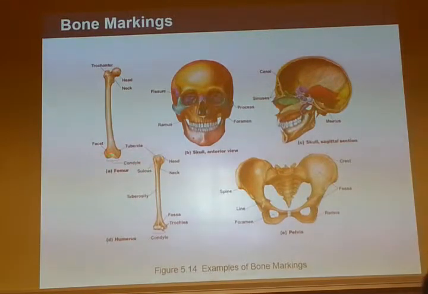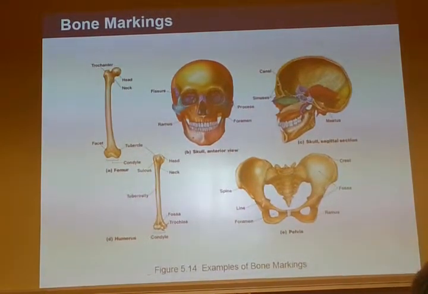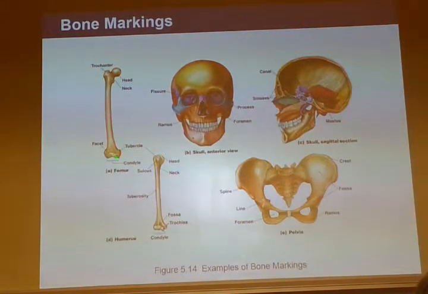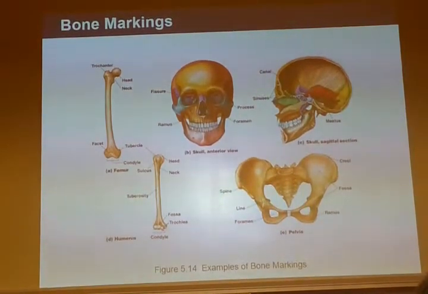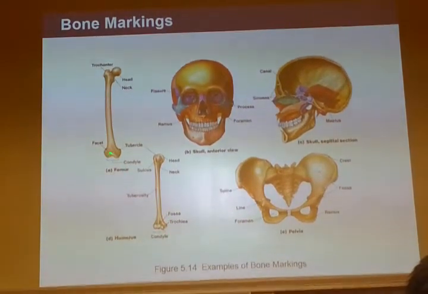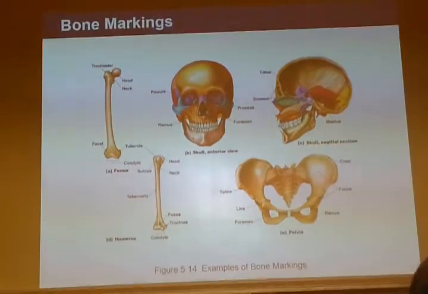A smooth surface that something can move on is called a facet. And then there's also, beyond on the back side of the femur, there will be condyles. So this facet is where the patella is going to move.